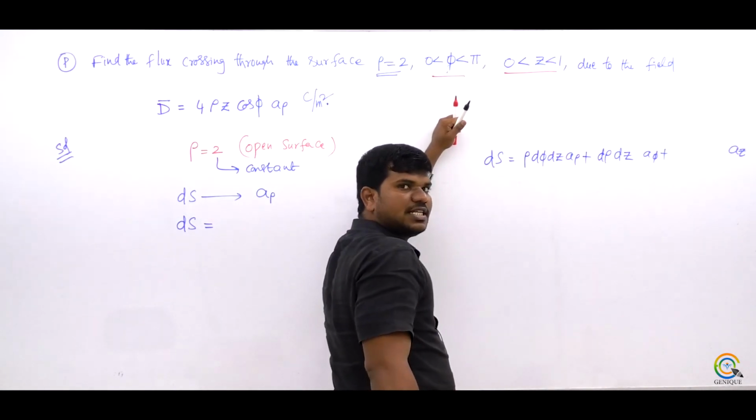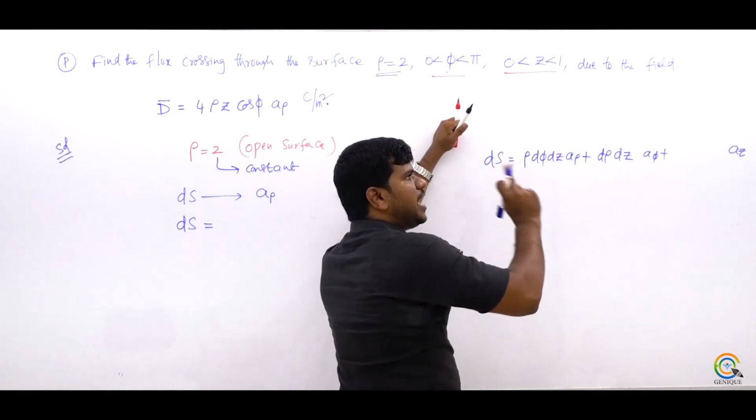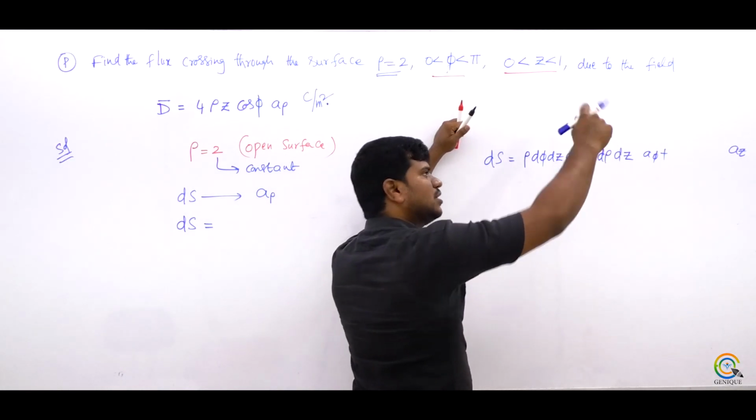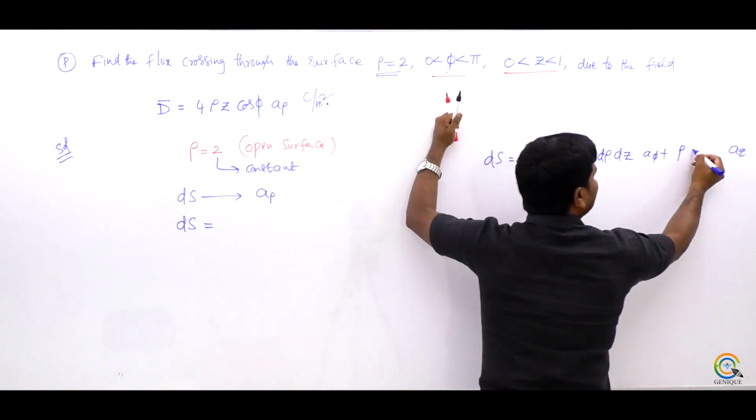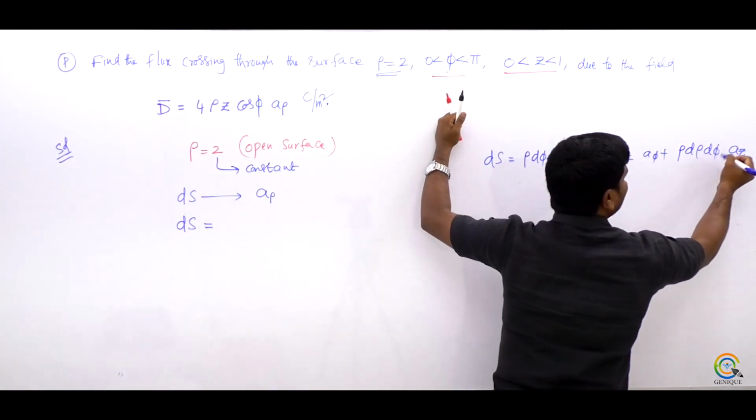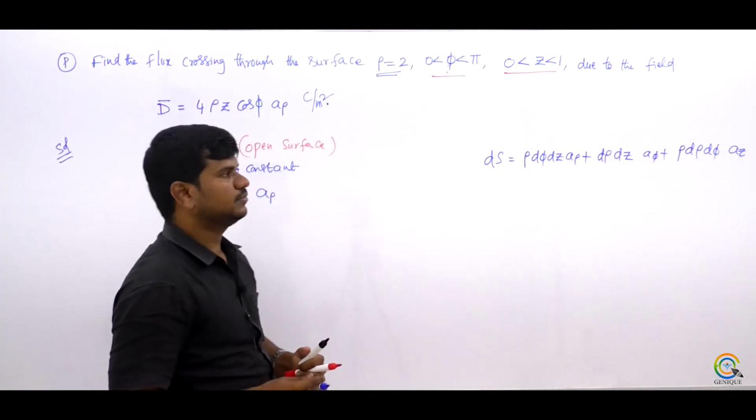In the z direction, the surface area will be h1 h2, which is rho d rho d phi. So this is the surface area.